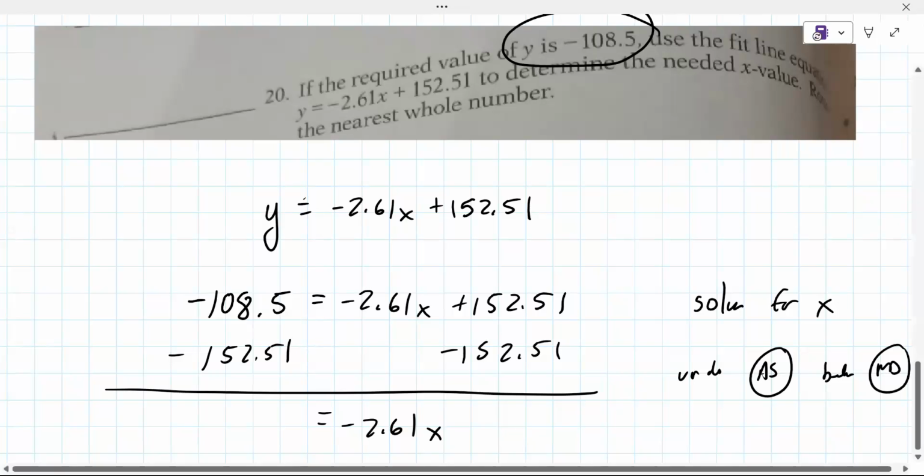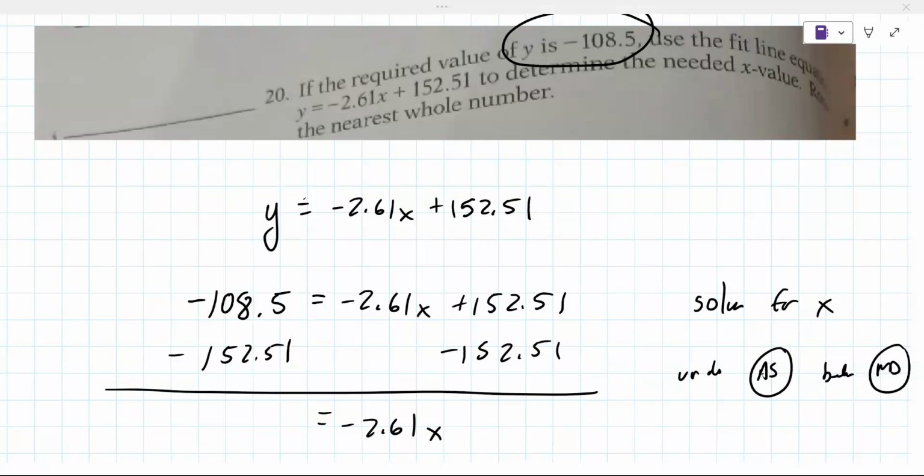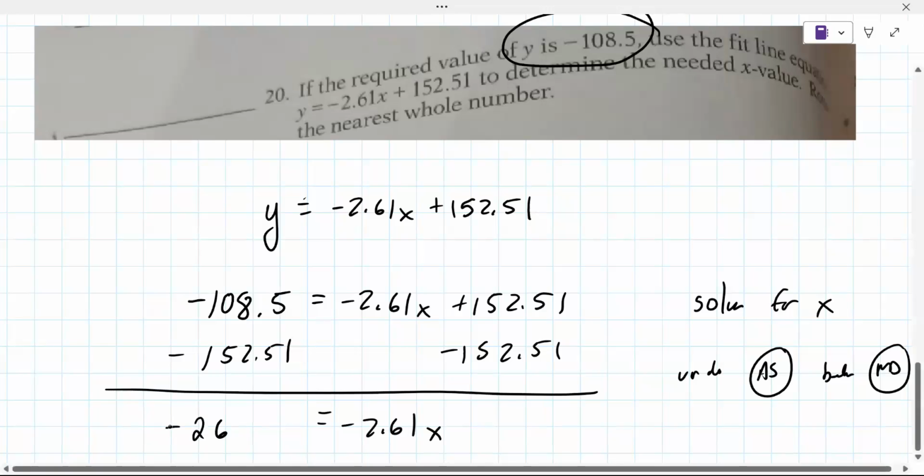So the first one that I calculated would be negative 261.01. Why do you feel like that's wrong? I feel like it's too big and it would actually be a smaller number. That's what I feel like it would be since we're subtracting.